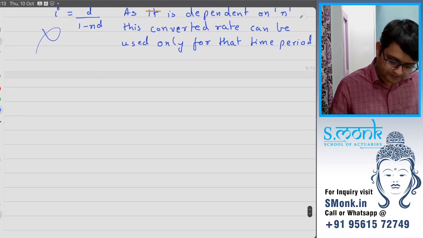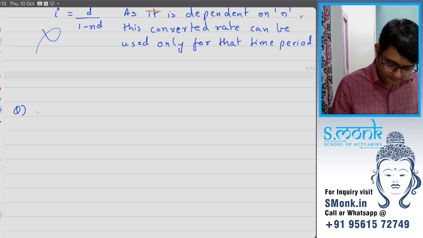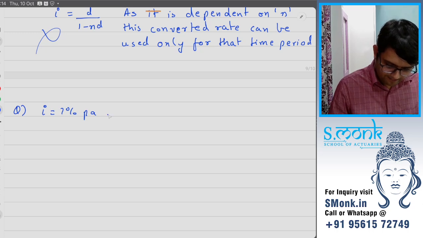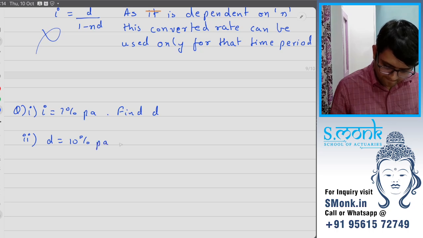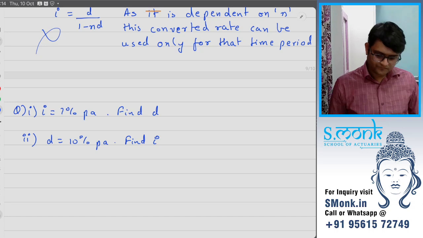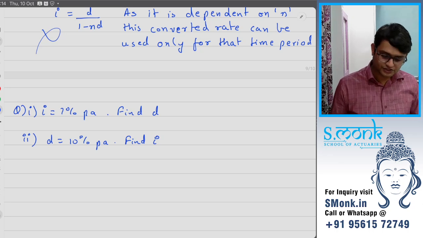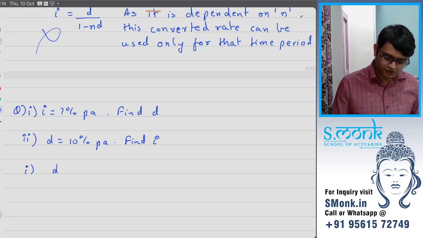Just to give you a simple example, I'll just write, let's use those formulas. So d will be equal to i upon 1 plus i.